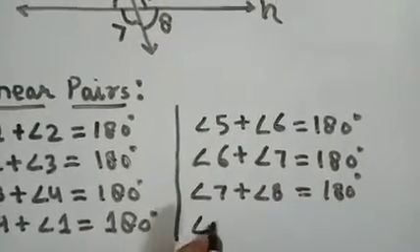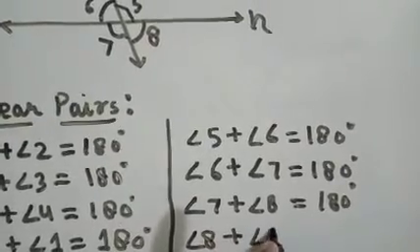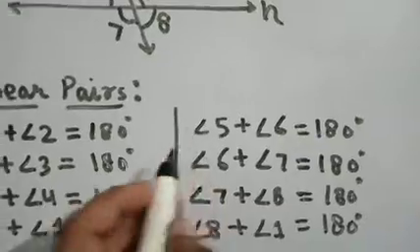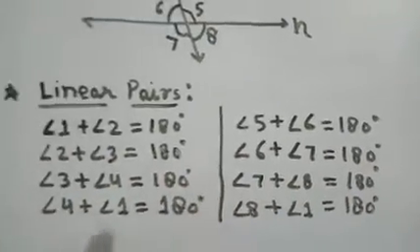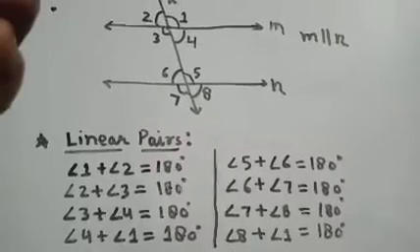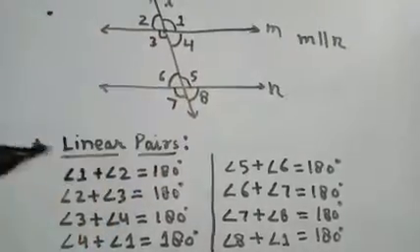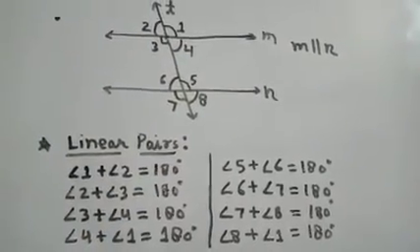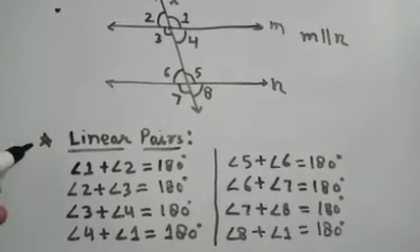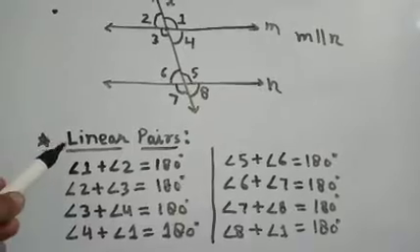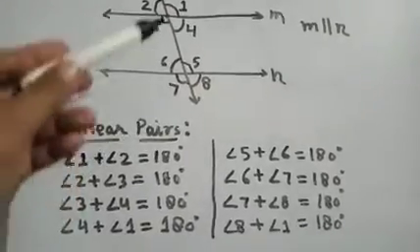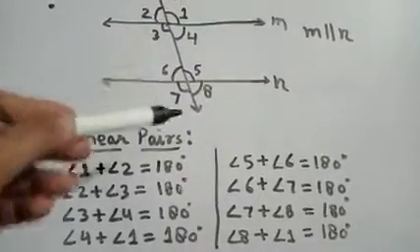And angle 8 plus angle 5 is equal to 180 degrees. So these are linear pairs made by a transversal for two parallel lines. I hope you understand the first point of angles made by a transversal on parallel lines: the linear pair. We have to identify linear pairs.